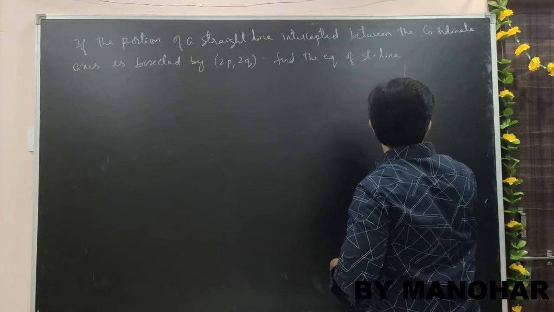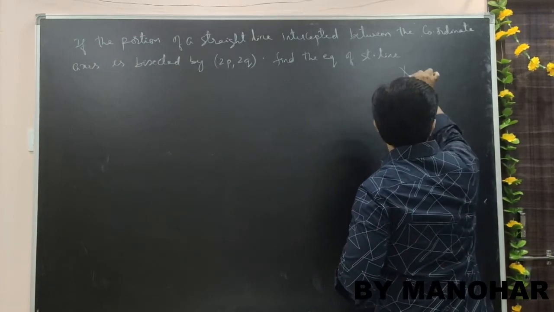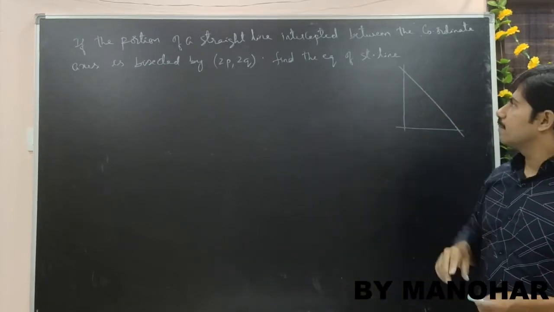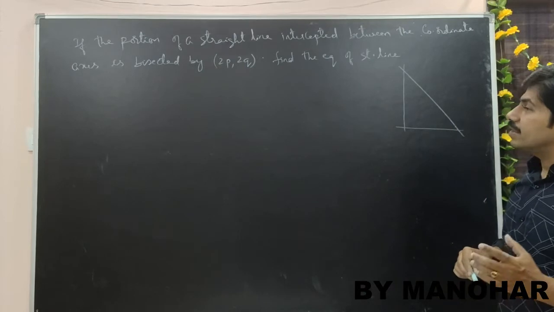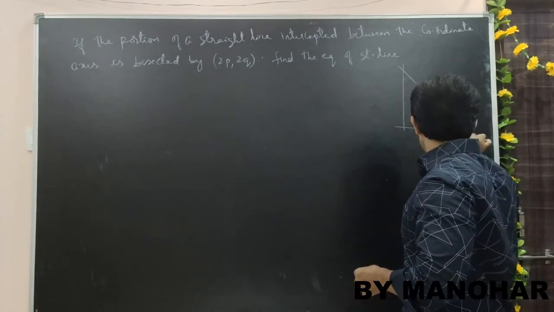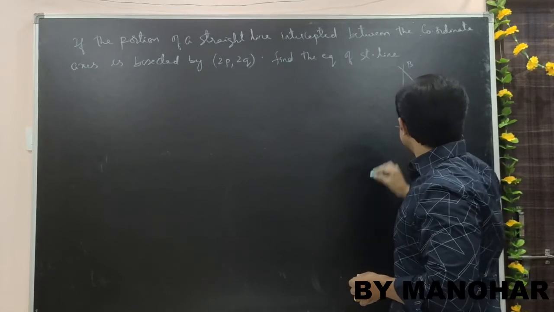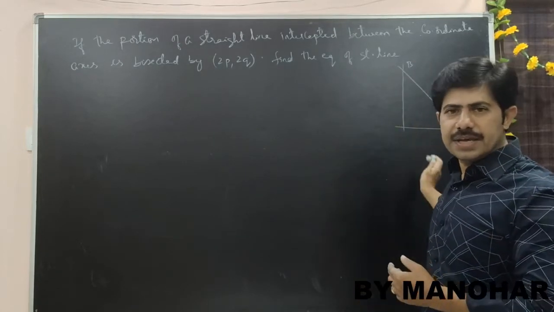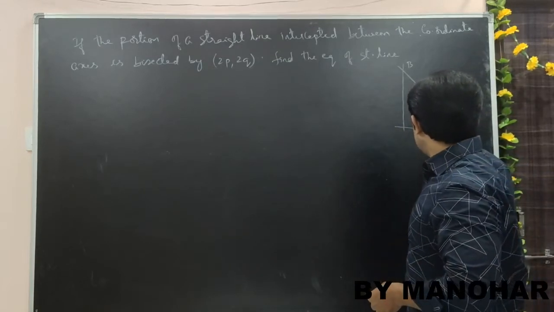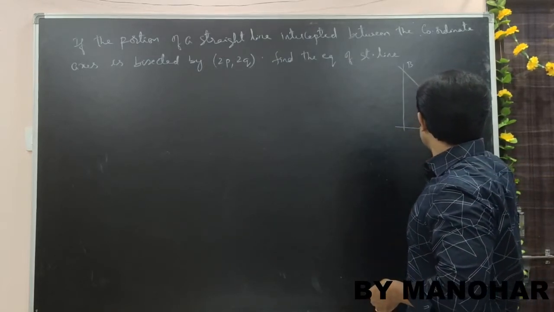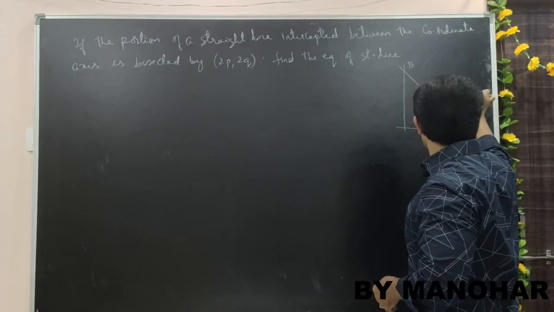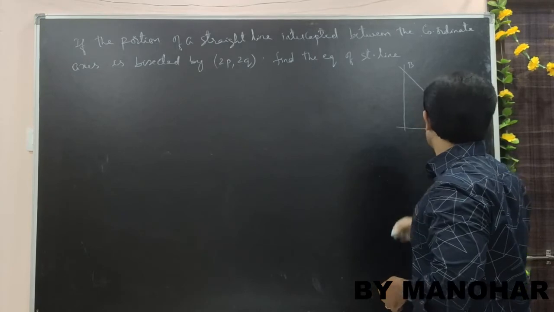Now we have a coordinate axis. This line is bisected by the point 2p comma 2q. If the portion of a straight line is intercepted between the coordinate axes, that means the line AB is placed on the x axis and y axis, and the line AB is bisected by the point 2p comma 2q.